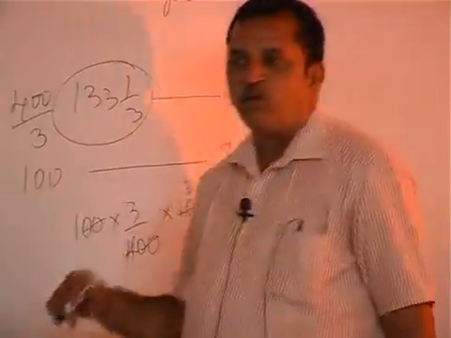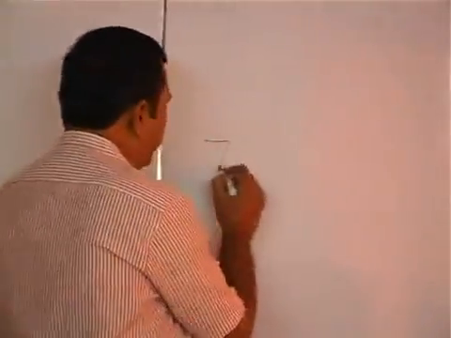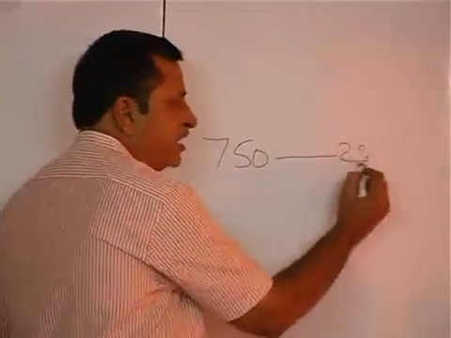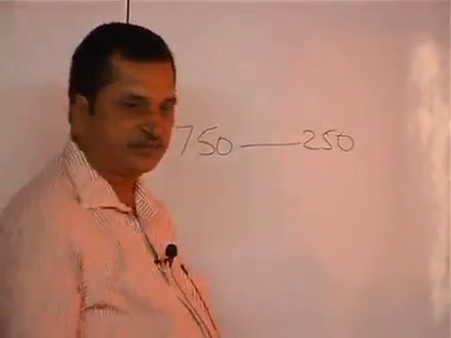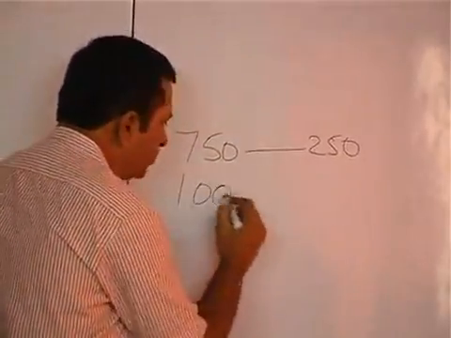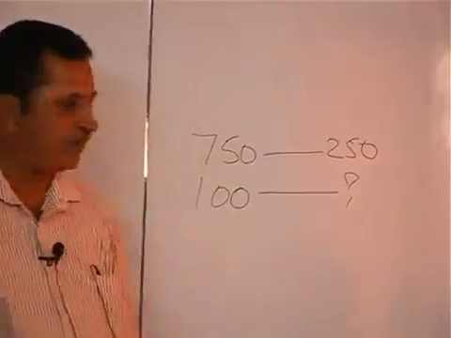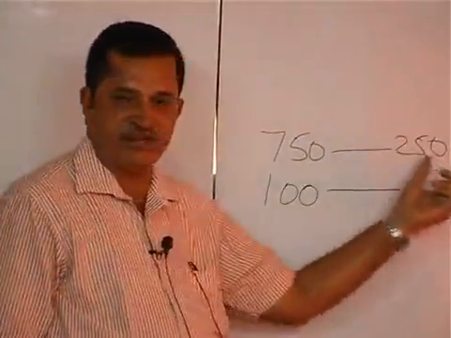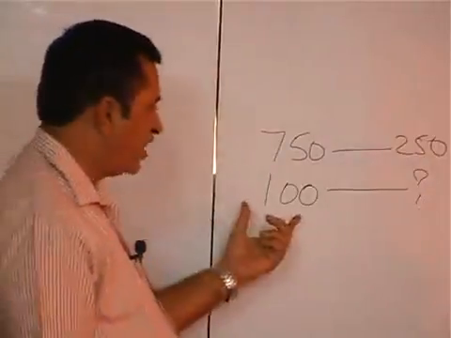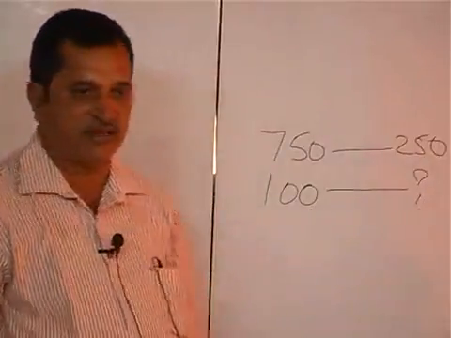So, the weight he substituted for a kilogram is 750 grams. If you want to check, for every 750 grams, there is a gain of 250 grams, isn't it? For 100, what would be his gain? For 750, if his gain is 250, for 100, what would be his gain?